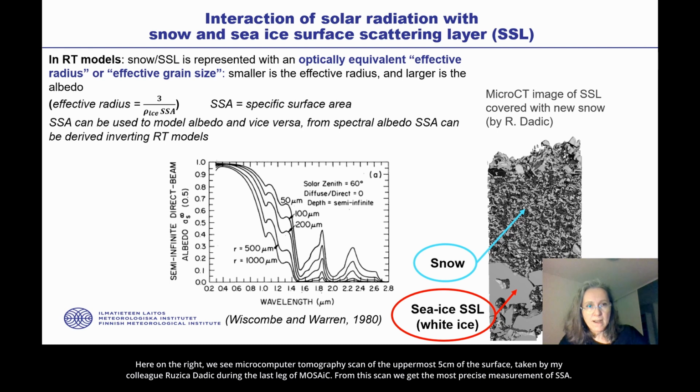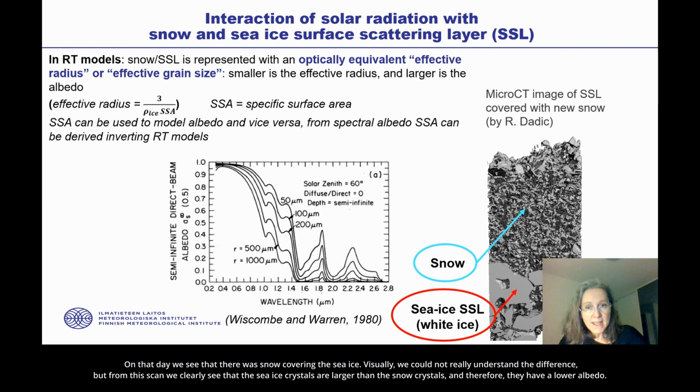Here on the right, we see a microcomputer tomography scan of the uppermost 5 cm of the surface taken by my colleague Roberta during the last leg of Mosaic. From this scan, we get the most precise measurement of SSA.